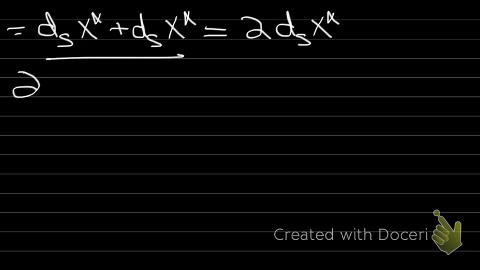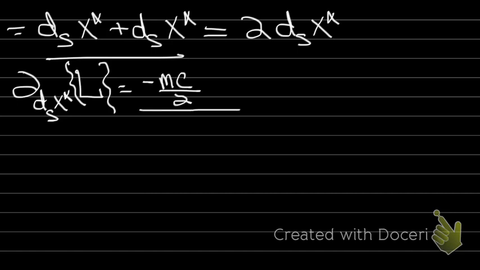We would get, for partial ds of x alpha of your Lagrangian, for this term, negative mc over 2, all of this over this thing.